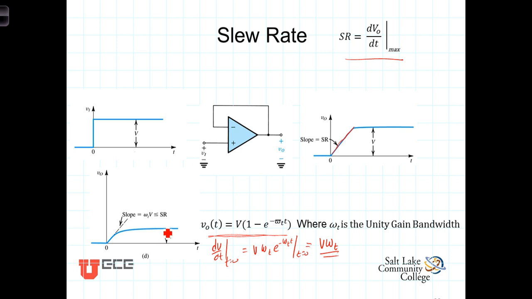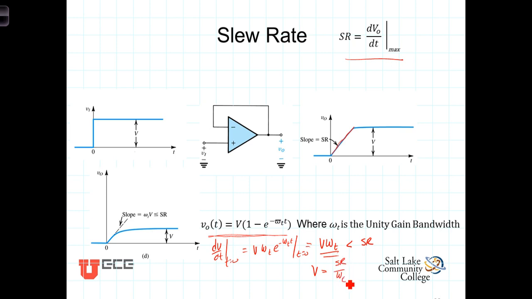The step response will not be slew limited as long as this product here is less than the slew rate. Well, omega sub t, that's the unity gain bandwidth. That's a characteristic of the op-amp. So this product will be less than the slew rate for voltages up to a certain voltage, where V equals the slew rate divided by omega sub t.